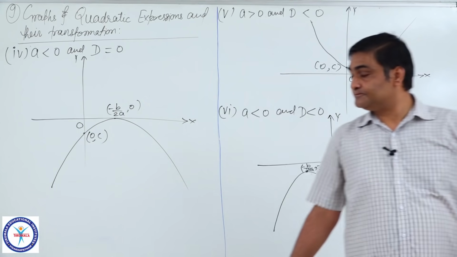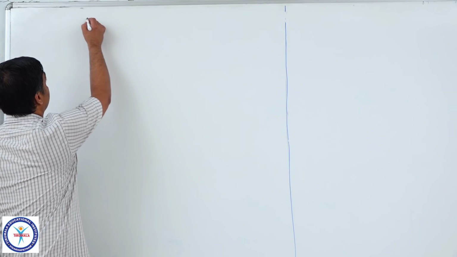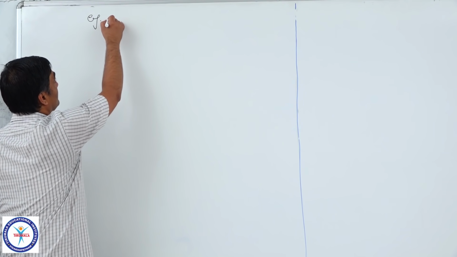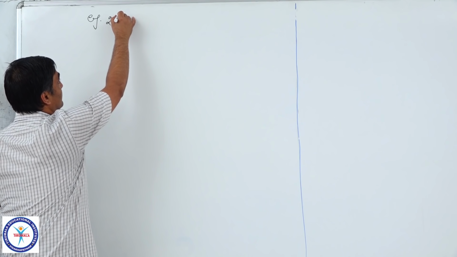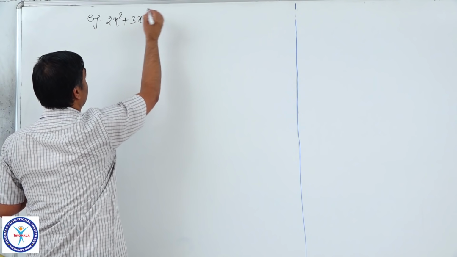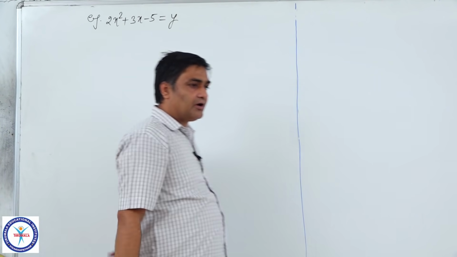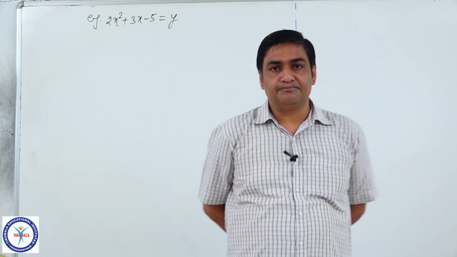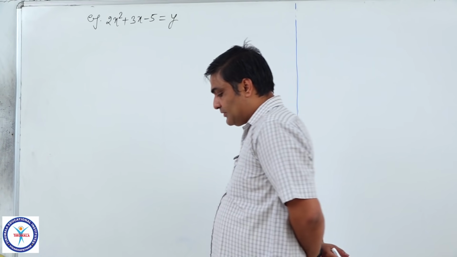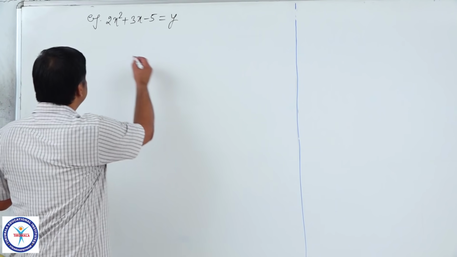Fine. Now we will practice some graphs. For example, 2x square plus 3x minus 5 equal to y. Let's draw the graph of this quadratic expression. First of all, we calculate d.